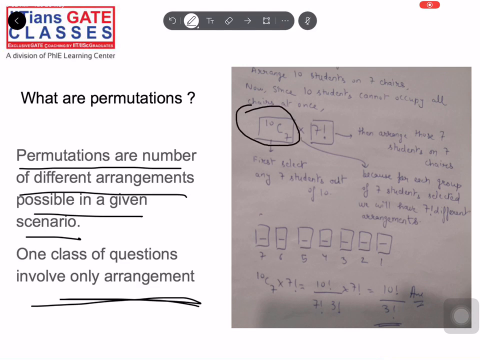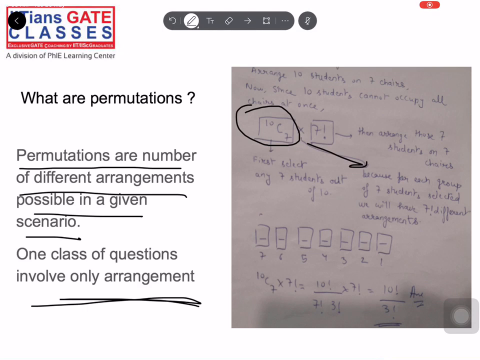These 7 students will now occupy the 7 chairs. 10C7 gives you all the possible ways in which you can have a group of 7 students, and each group will have 7 factorial ways, because those 7 students have to be arranged on 7 different chairs. That is why we have this multiplication sign. For each group of 7 students selected, we will have 7 factorial different arrangements.